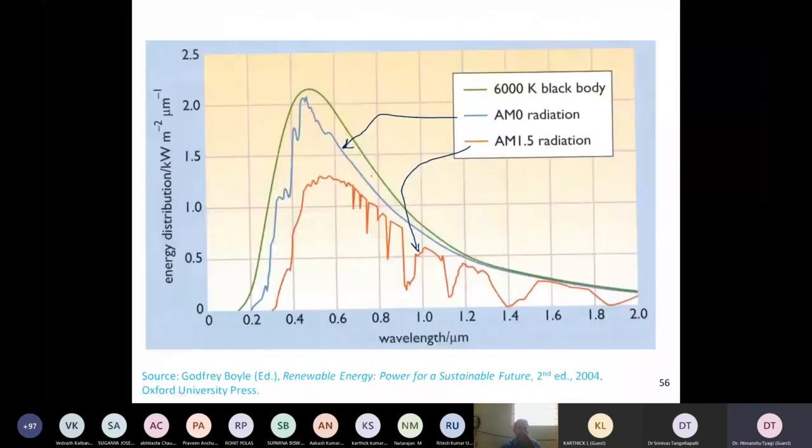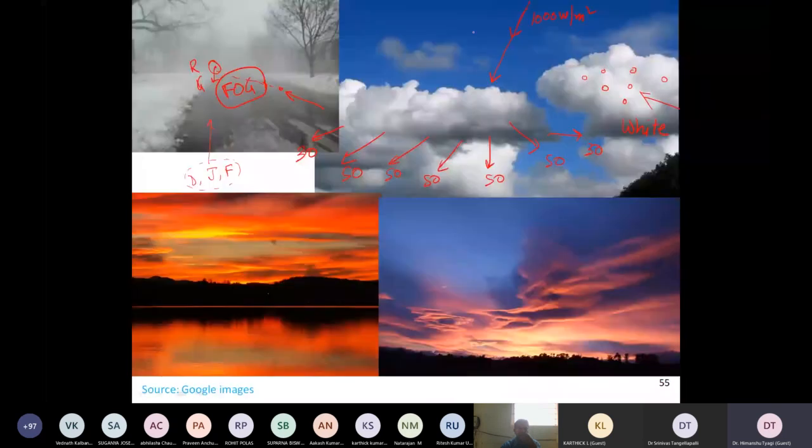Even for that one, a very interesting thing we see is that scattering is a function of wavelength. Because of the presence of molecules in the atmosphere, they scatter blue light much more than red light. Blue light is scattered more. That is why the atmosphere over here appears blue.